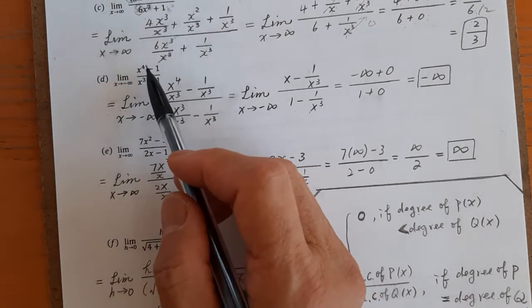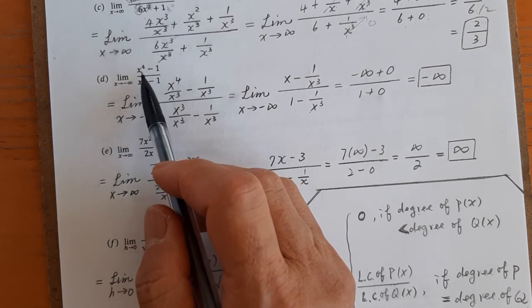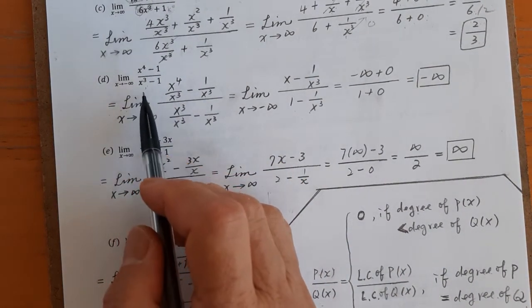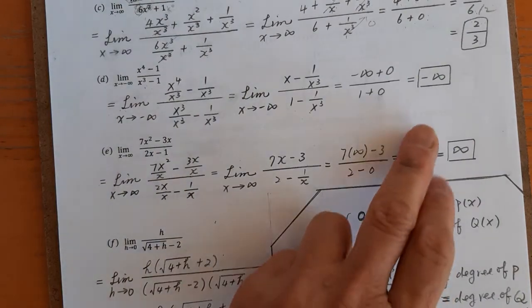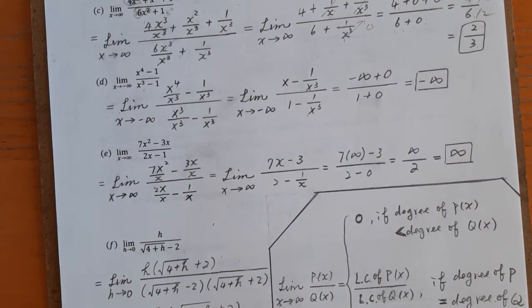It goes infinite faster, so the numerator becomes very, very large compared with the denominator. Divided is still very, very large. So the answer is infinite. Positive or negative, you can figure out.